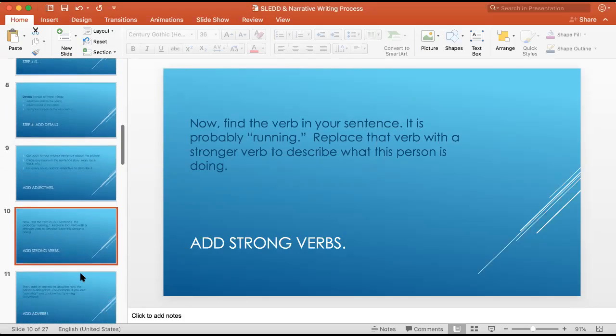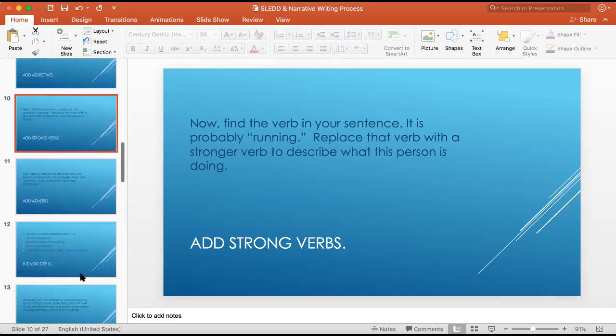Or what I often find is they come up with ones better than mine. So you would have them make a line through the word running and change it to the verb that is better. So you go ahead right now and do this to yours. You can add whatever adjectives you chose, since I forgot to give you a moment to do that, and put a line through your verb and replace it with a stronger one.